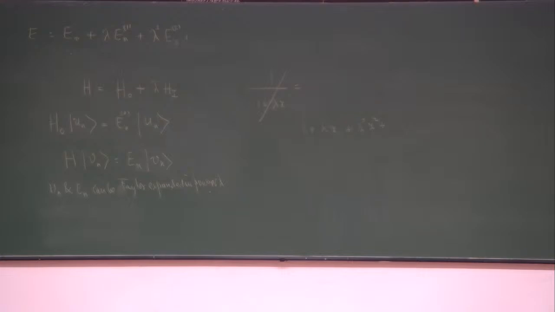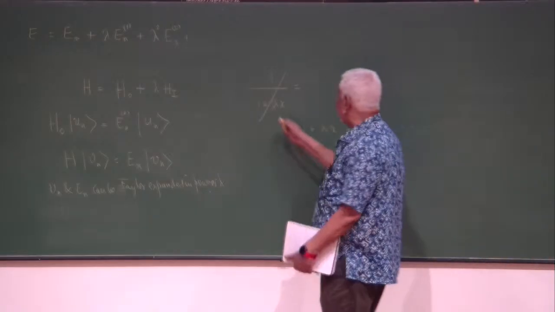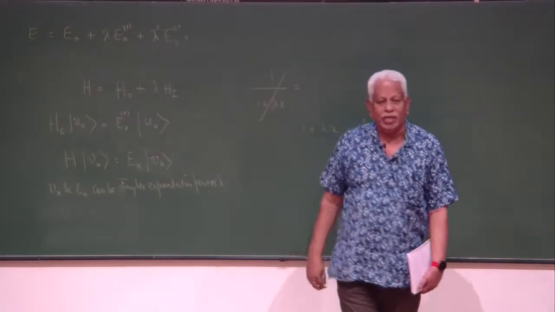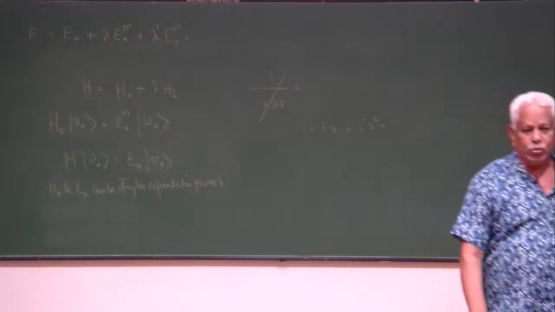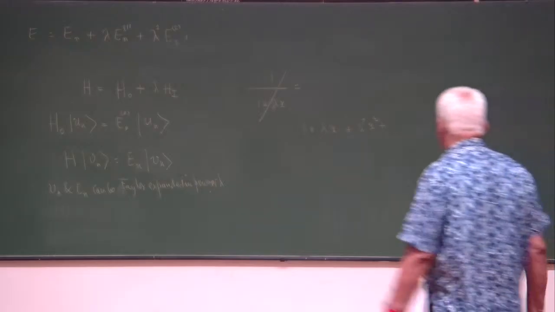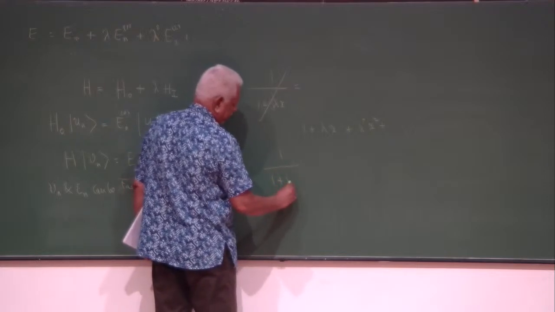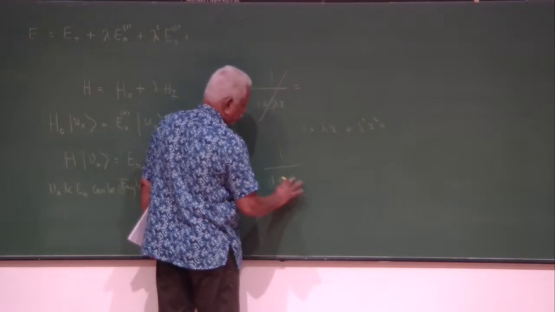Now you may think that the radius of convergence comes only because lambda x equal to 1 becomes infinity. The convergence problem comes only from there. The answer is not that way. For example, I can write down 1 by 1 plus x square.